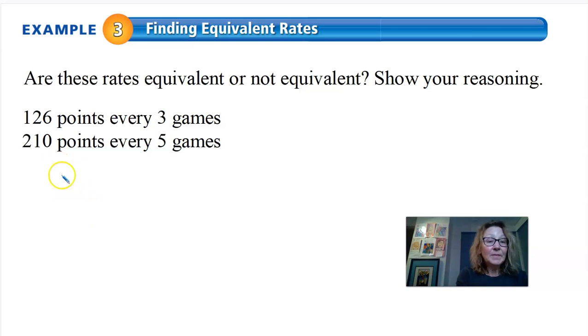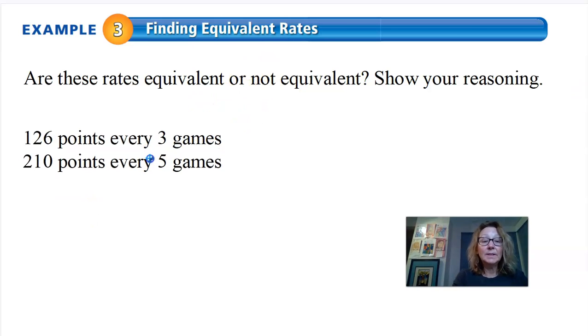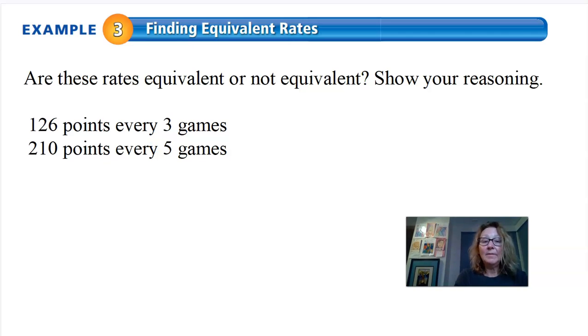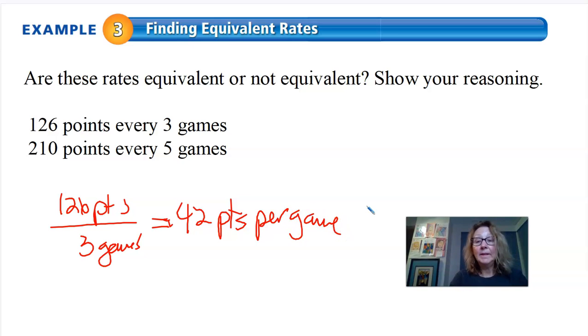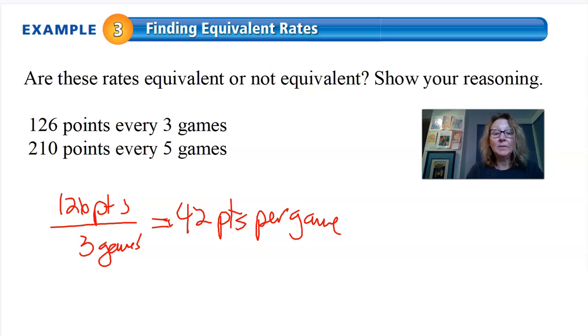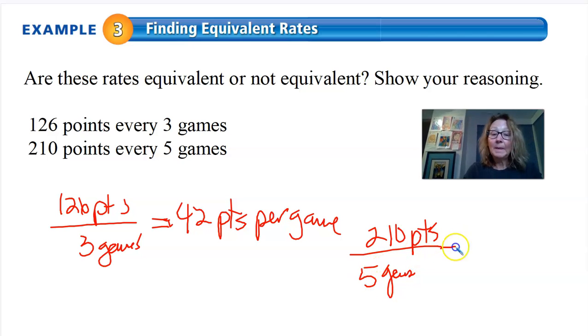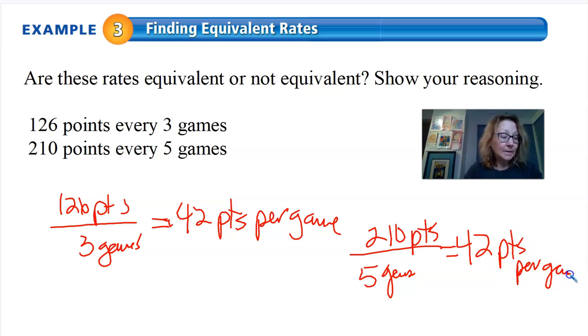So here's what I have. I have, let's see, can I separate these? No. So I have 126 points divided by 3 games equals 42 points per game. And then I have, let me move that over, I have 210 points every 5 games, and it also equals 42 points per game.